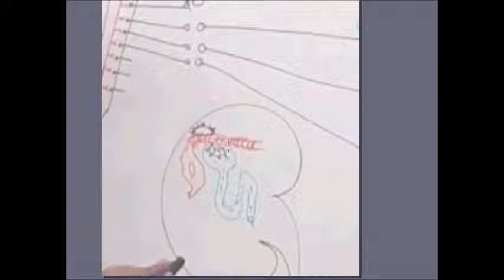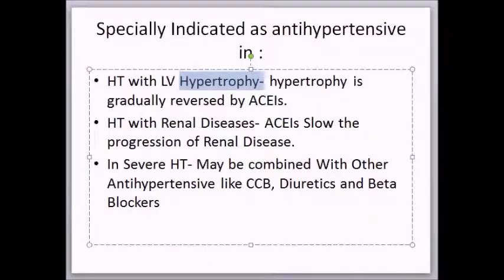And so the disease of diabetic nephropathy is getting healed. In severe hypertension, it may be combined with other antihypertensives like calcium channel blockers, diuretics, and beta blockers.